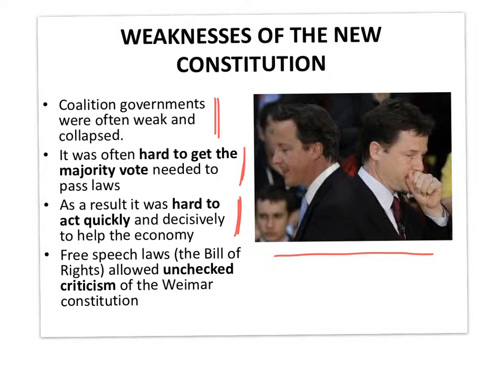And then finally, the free speech laws. Remember the Bill of Rights? Personal freedoms to vote, and freedom of the press, and freedom to be able to speak your own views. Well, that's all well and good, but remember the political spectrum from left to right, and we said that in the middle, the people in the middle, that sort of middle ground, they were the people who supported the Republic.